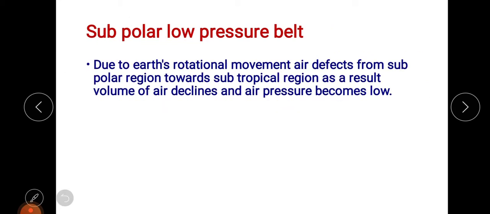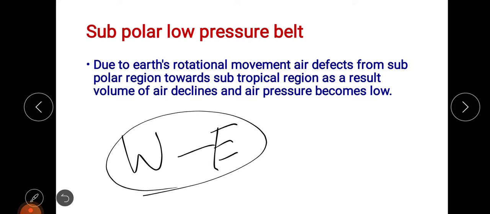Next, you see the subpolar low pressure belt. Now due to the earth's rotational movement, the earth rotates from west to east, this is called rotation, and when the earth moves around the sun, it is called revolution. Due to the earth's rotation, air deflects.